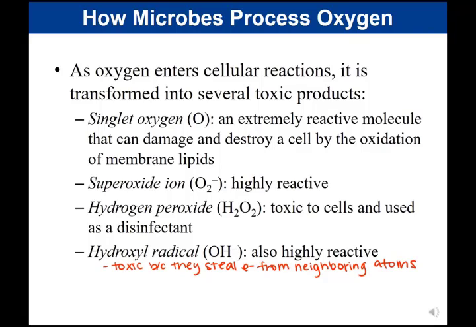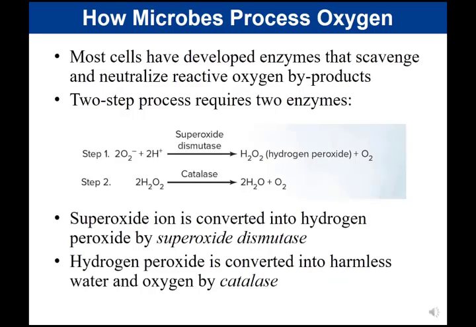And because they're going to steal electrons from neighboring atoms, that makes these forms of oxygen highly unstable. So what that means is that organisms that grow where oxygen is found have developed enzymes that scavenge and neutralize reactive oxygen byproducts. And this is going to be a two-step process.